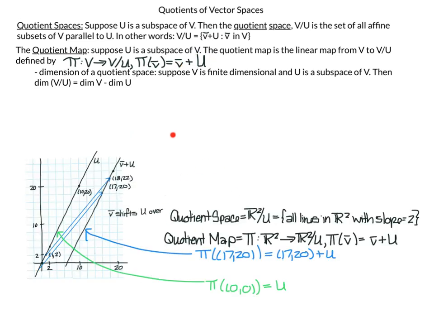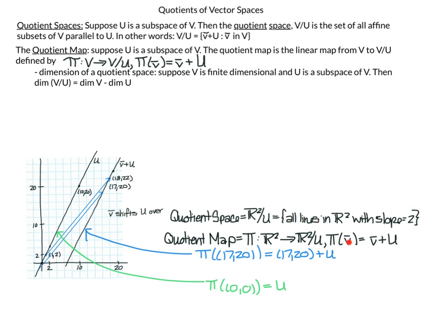And let's look at our example again with our line of slope 2. The quotient space R2 over U is equal to all the lines with slope 2. So the quotient map goes from R2, takes a vector, and gives us one of the lines with slope 2.